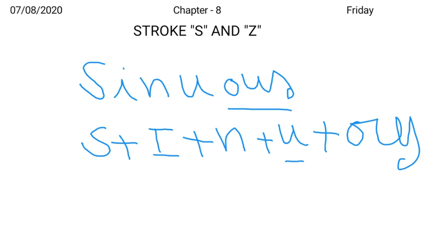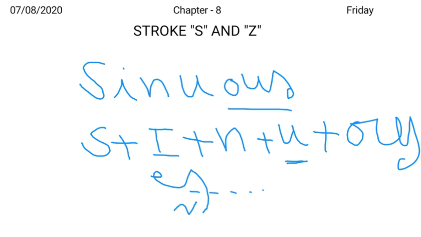So, the word is ending with OUS syllable. Before OUS, there is U diphthong. So, the OUS syllable should be represented by stroke S. So, sin, US. Before OUS, there is diphthong sign U. So, that should be represented by stroke S.